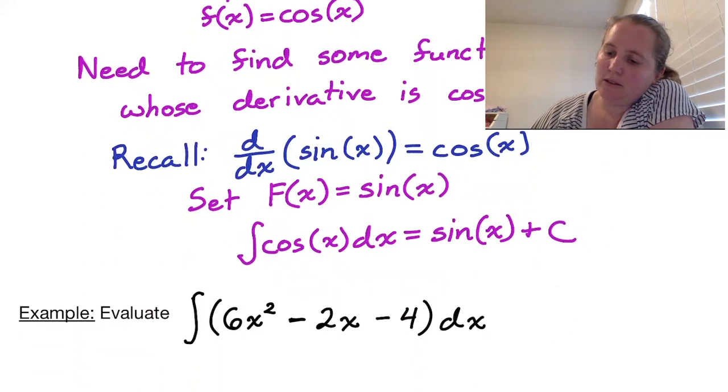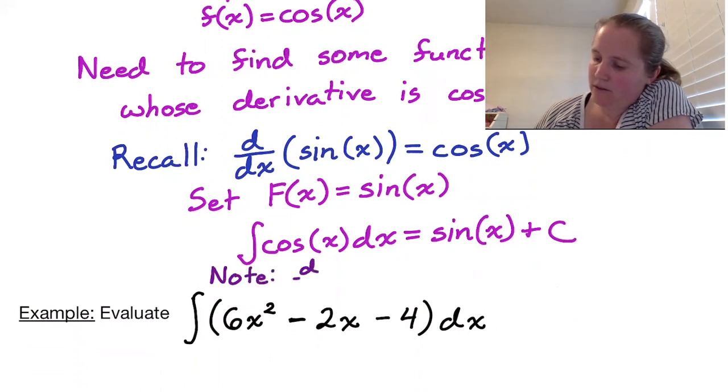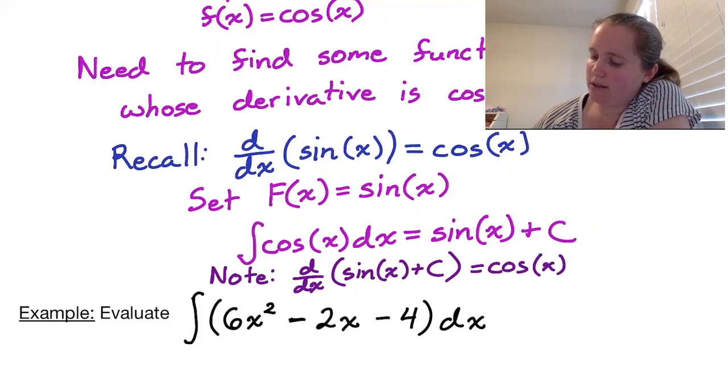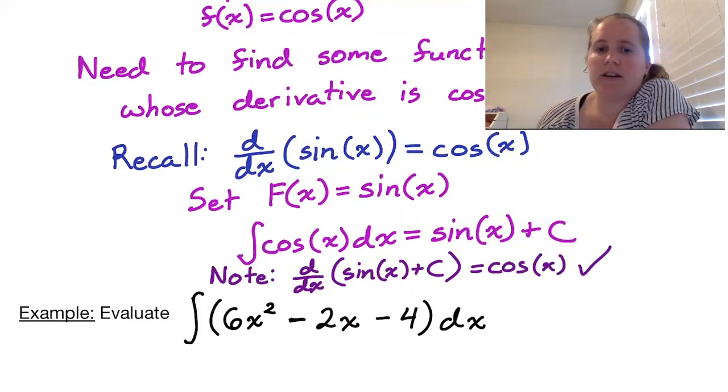And then just note that if we took the derivative of sine of x plus c, these should all be antiderivatives of cosine. So when we take the derivative, we should indeed get cosine of x. So this does check out.